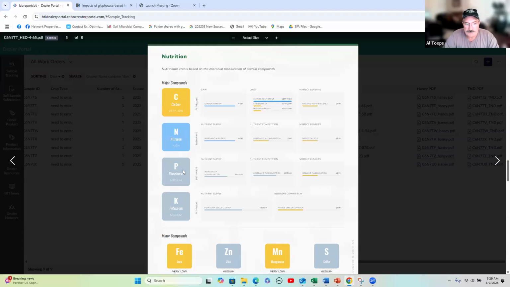The phosphorus and potassium pathways are challenged a little bit, and that's why we have our products Activate and KPHOS. Those are products with multiple levels of biology that help open up these nutrient pathways.